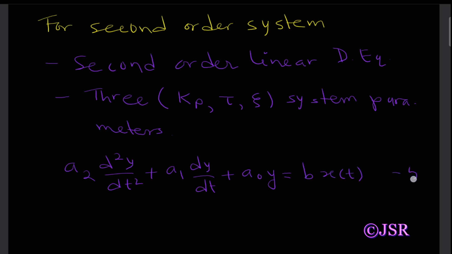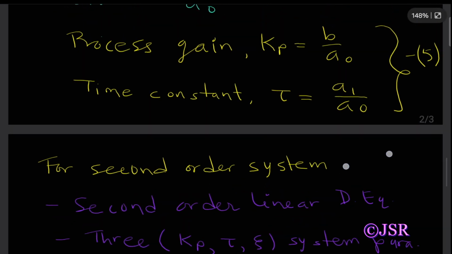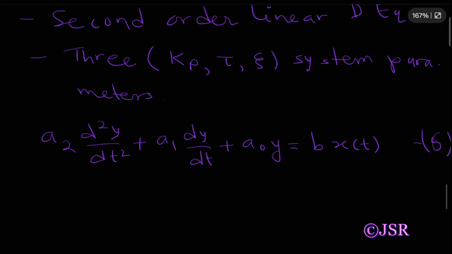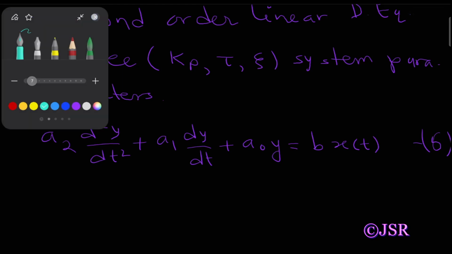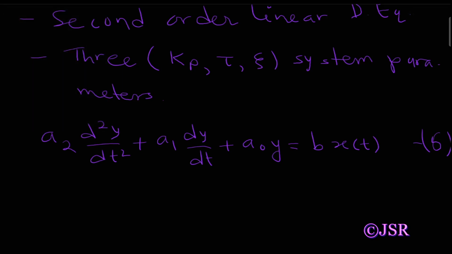So let's say this is equation number 6, which represents a second order system. So using this expression, now we can find out these system parameters Kp, tau and zeta. The three system parameters Kp, tau and zeta can be evaluated from equation number 6.